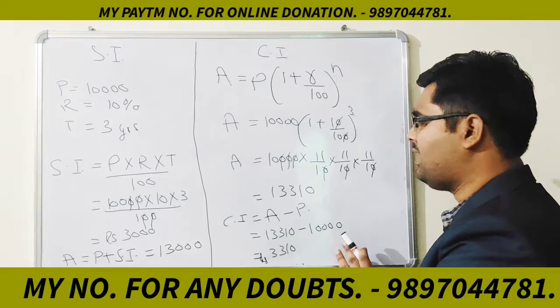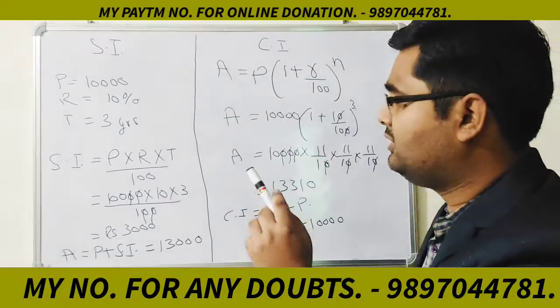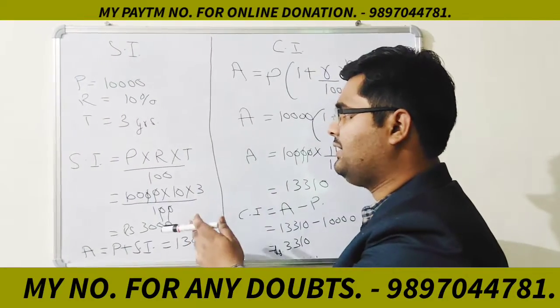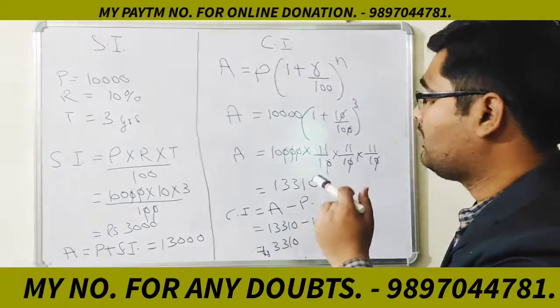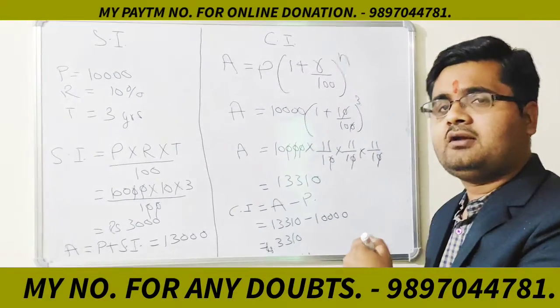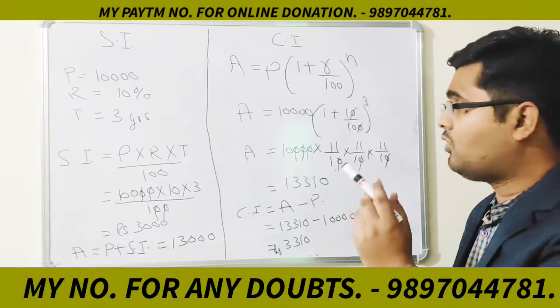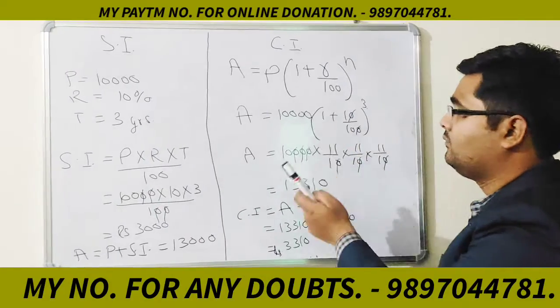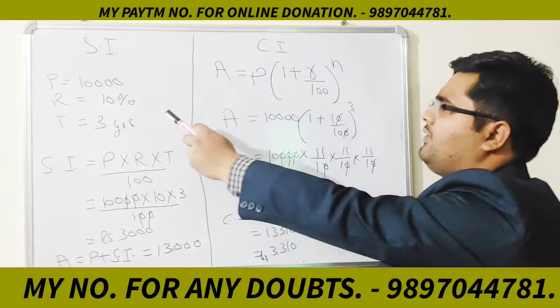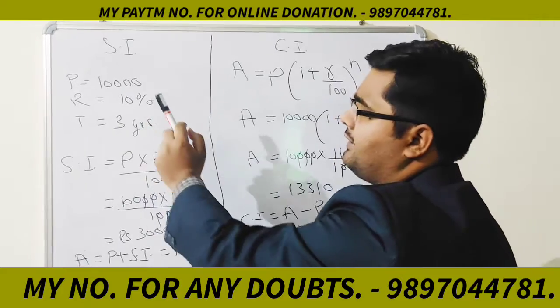So basically, this is what I wanted to tell you about SI and CI. And in CI there are some more cases also. The rate of interest which I have given, 10%, is per annum.